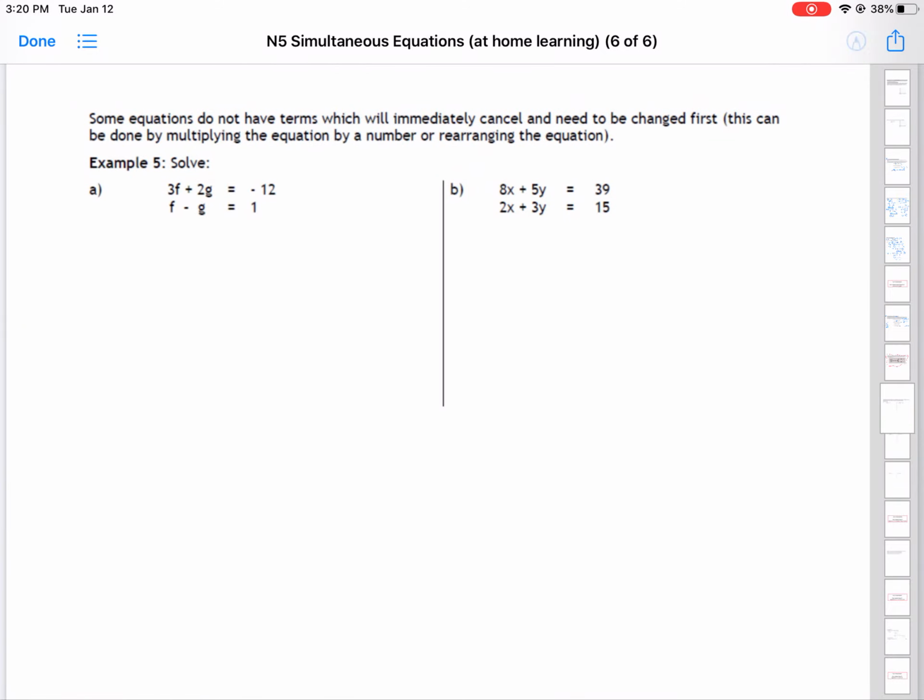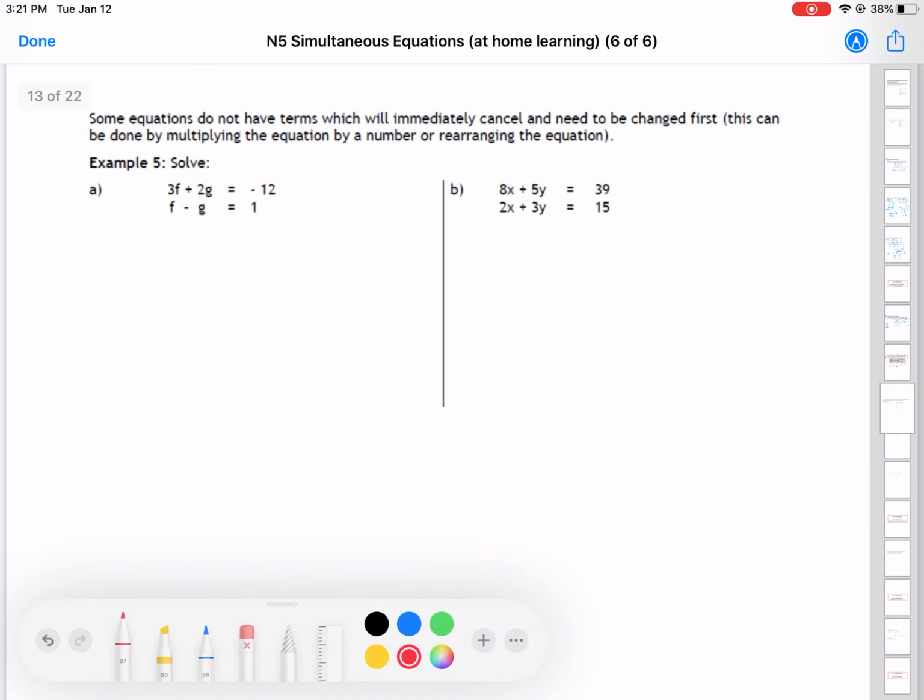Moving on slightly. Before, both of our equations were set up very nicely. We just had to add or subtract them once we had them in the form, with one on top of the other. In this case now, we have got to consider our equations as not being so straightforward.